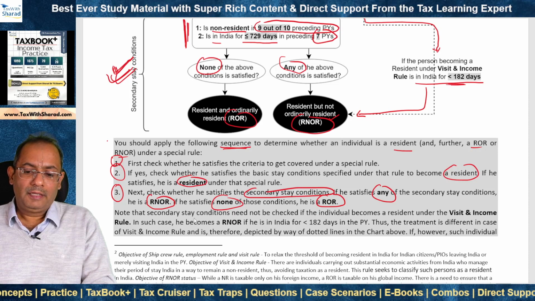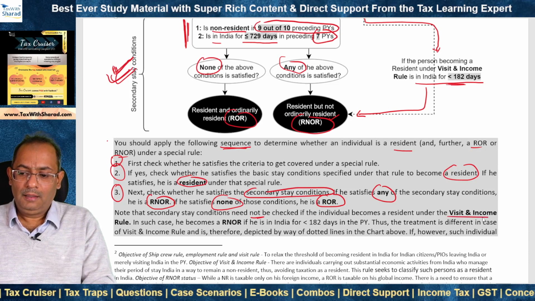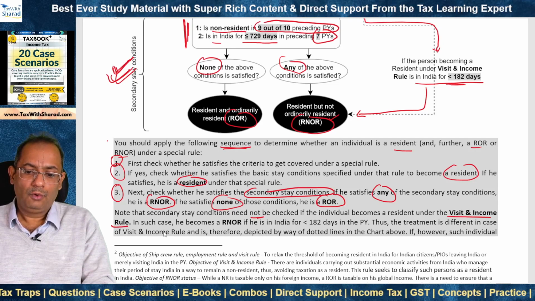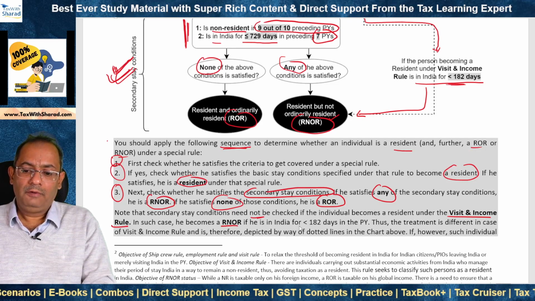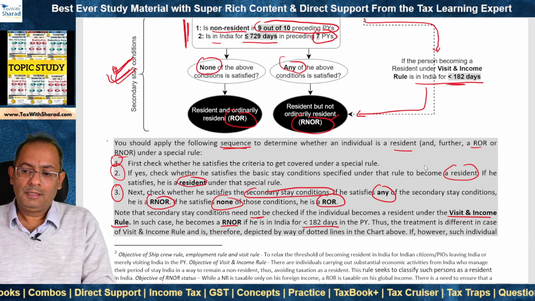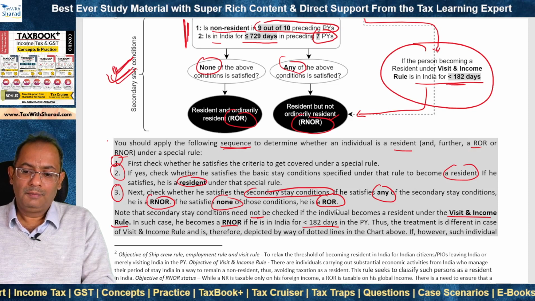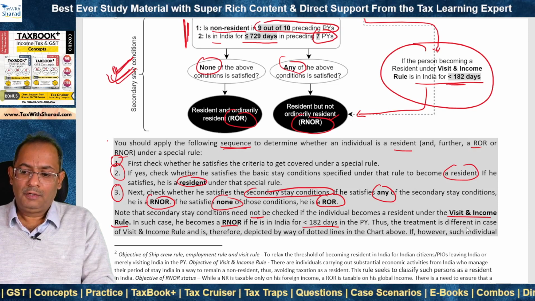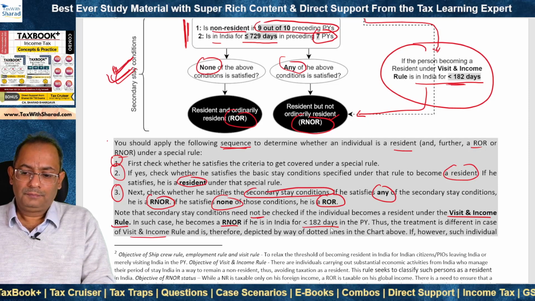As we discussed above, secondary stay conditions need not be checked if the individual becomes a resident under the visit and income rule. In such case, he becomes a RNOR if he is in India for less than 182 days in the previous year. This is what we discussed. He becomes a RNOR. Thus, the treatment is different in case of visit and income rule.